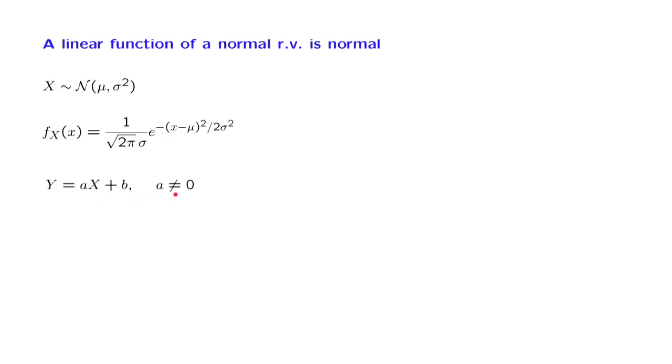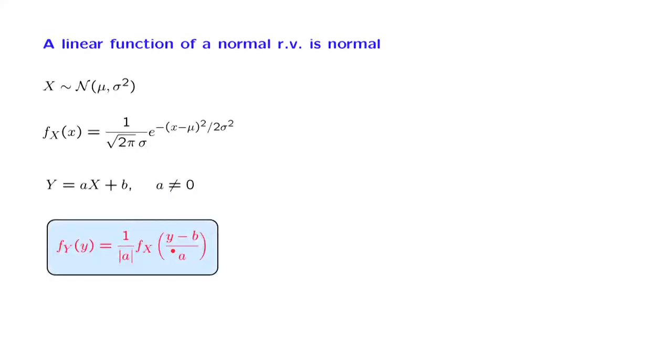We will just use the formula that we have already developed. So, we have that the density of y is equal to 1 over the absolute value of a, and then we have the density of x, but evaluated at x equal to this expression.